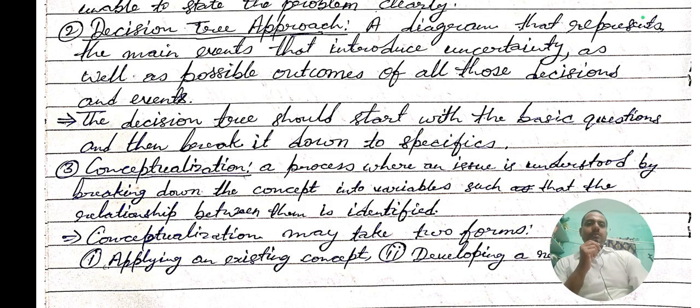Conceptualization is a process where an issue is understood by breaking down the concept into variables such that the relationship between them is identified. Conceptualization may take two forms. What are these two forms?